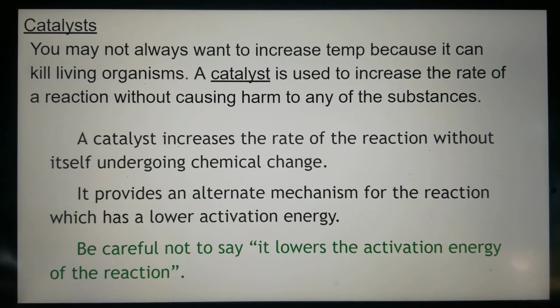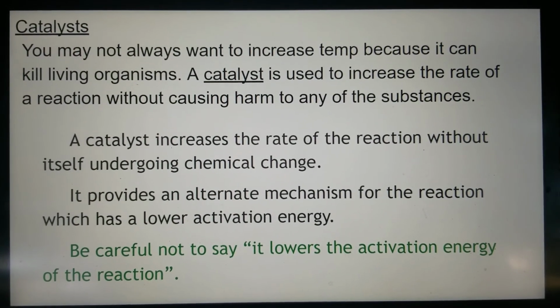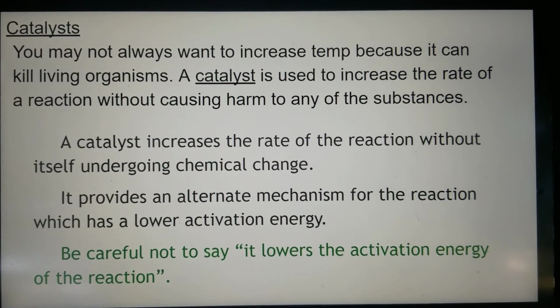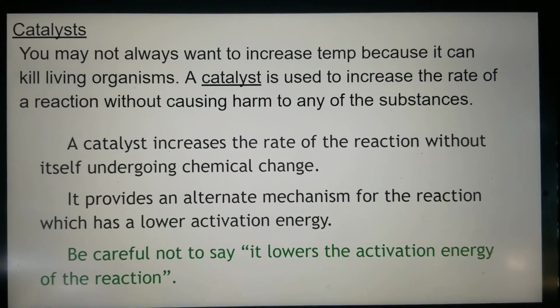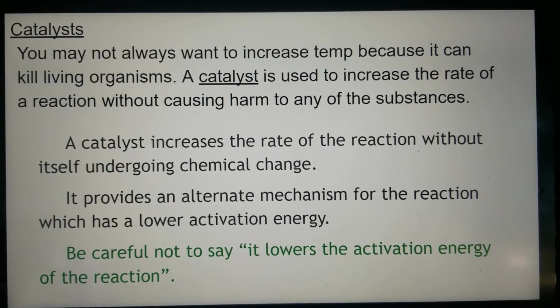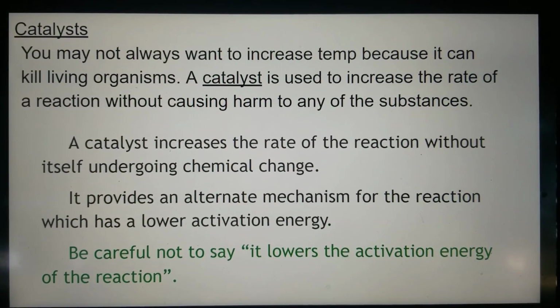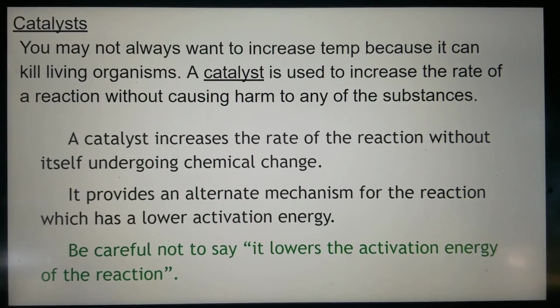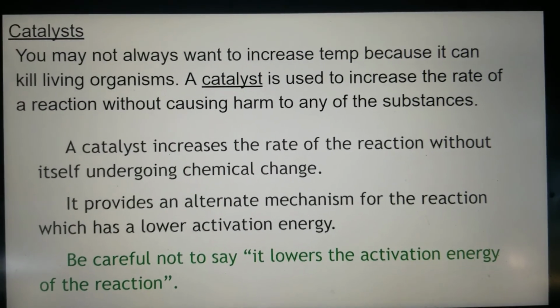What it does is that it provides an alternate mechanism for the reaction, and that other mechanism has a lower activation energy. So again, it doesn't make it go faster by speeding up, but by lowering the activation energy. It provides a different route, like a shortcut to get to the other side of the activation energy hill faster.